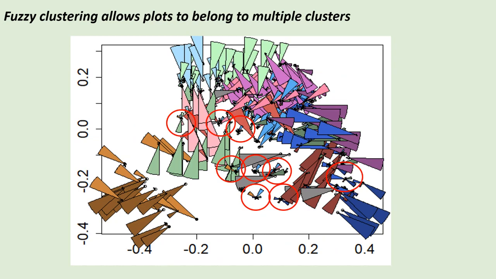So using this particular type of cluster analysis allowed me to flag these plots that had a more ambiguous identity and to create modal concepts for vegetation communities based on the plots that very clearly belonged to those groups. And I revisited these more ambiguous plots later in the analysis, which I'll talk about a bit further on.